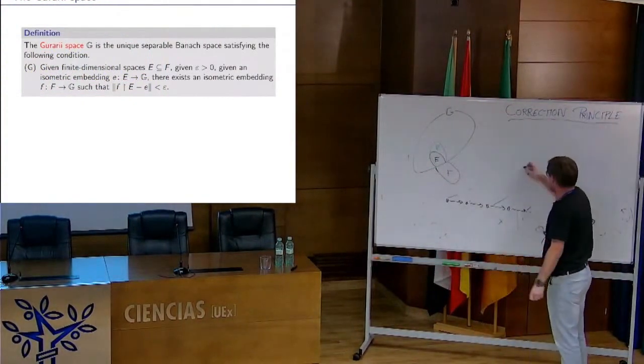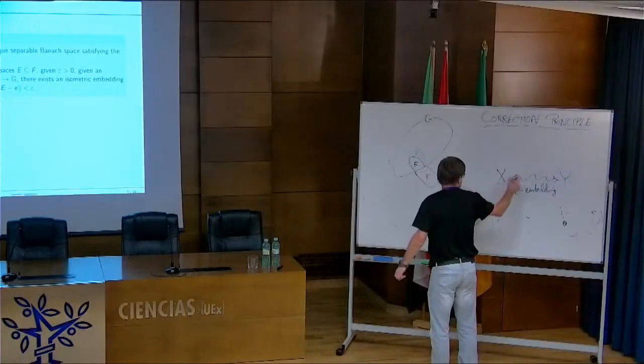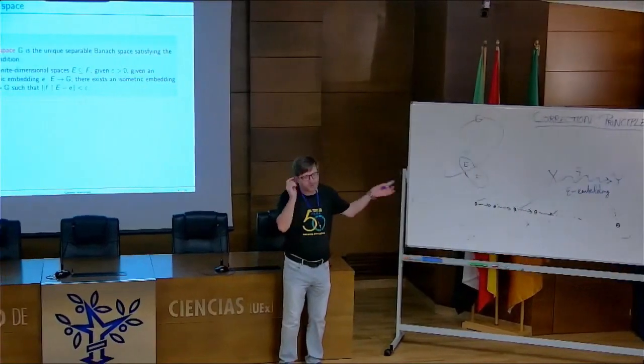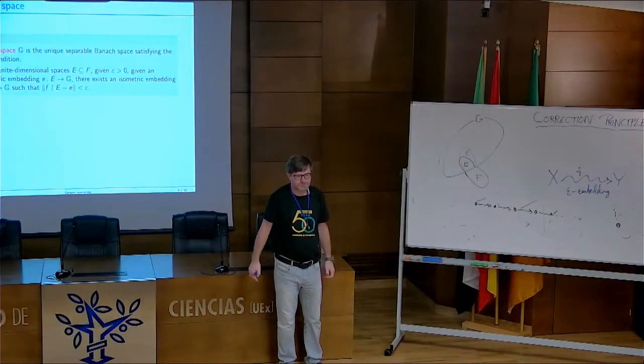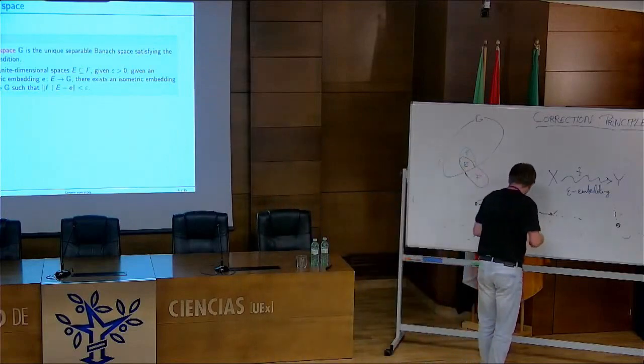The point is that you are having some epsilon embedding. Let's call it F. No, it doesn't matter. So you have some mapping between Banach spaces which spoils the norm, yeah? Maybe extends by 1 plus epsilon or decreases by 1 minus epsilon.